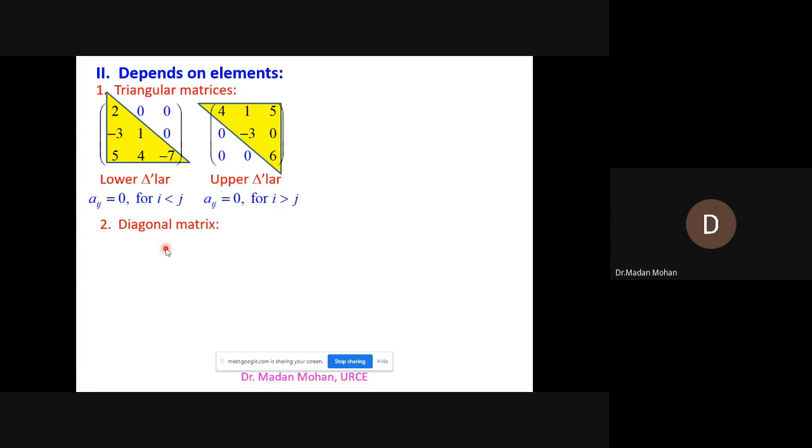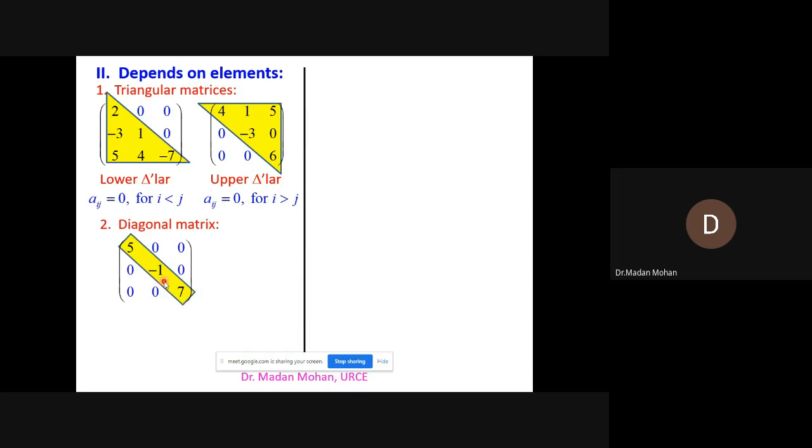Next, diagonal matrix. You know diagonal. Your information is entirely along the diagonal. When do you say a matrix is diagonal? Please tell me now. What about Aij? Aij equals 0 whenever I less than J and also I greater than J. It's a diagonal matrix.